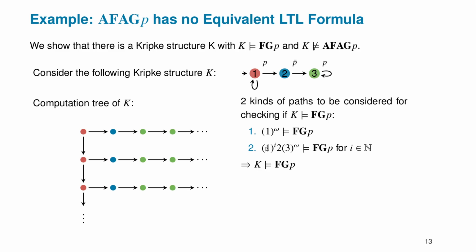Now let's have a look at what the situation is with the CTL formula. Now we have to check for all initial states if AFAGP holds, and therefore we have to check if the formula holds in the initial state, and we have to check for all paths if finally it always globally holds, P holds.